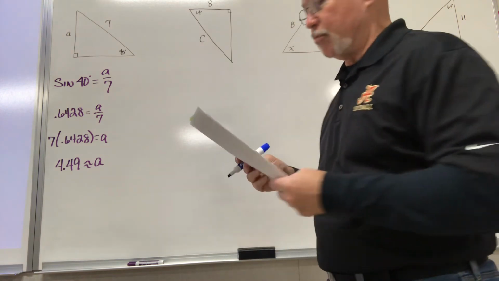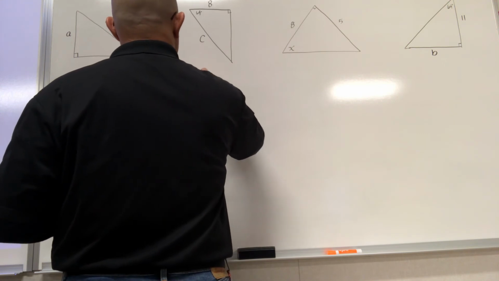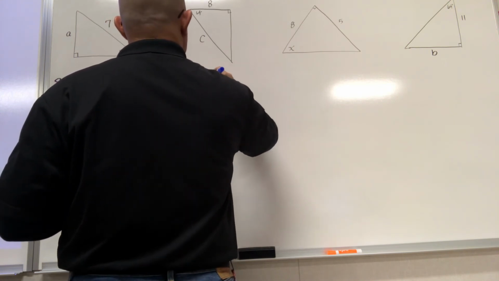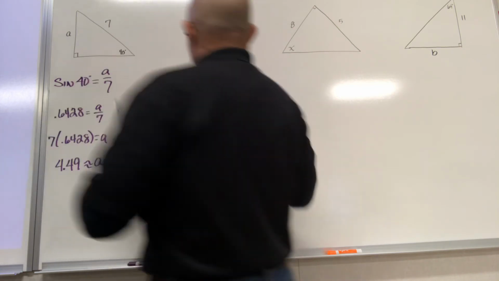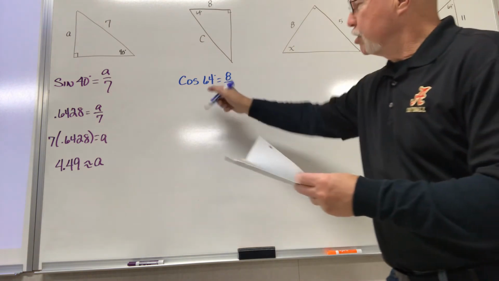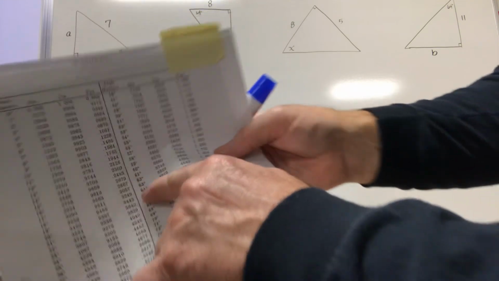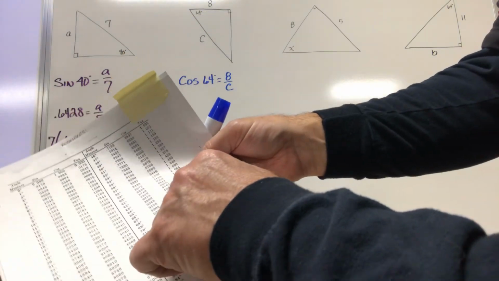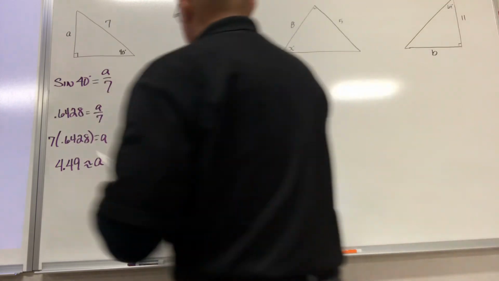The more familiar, the easier it's going to be. Okay? So once again, I go to 64 degrees, come down to 64 degrees, come across to cosine, 0.4384.